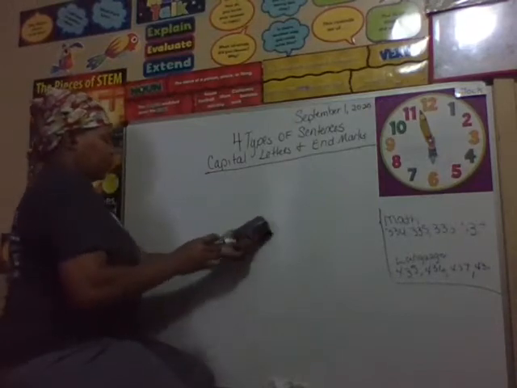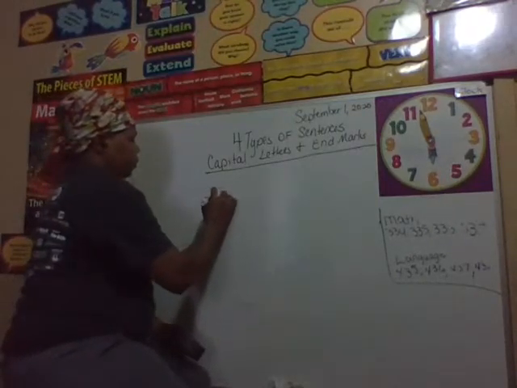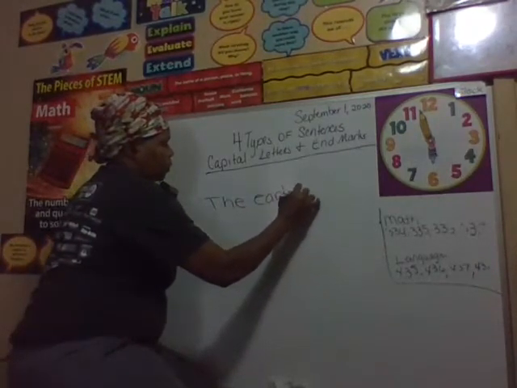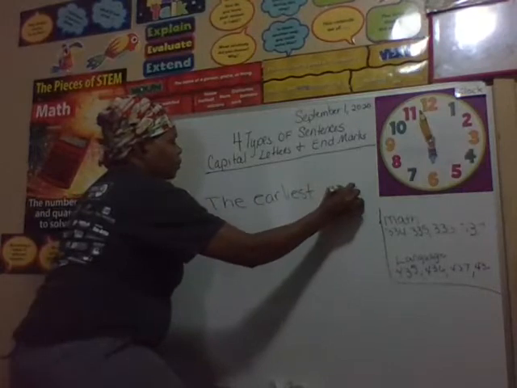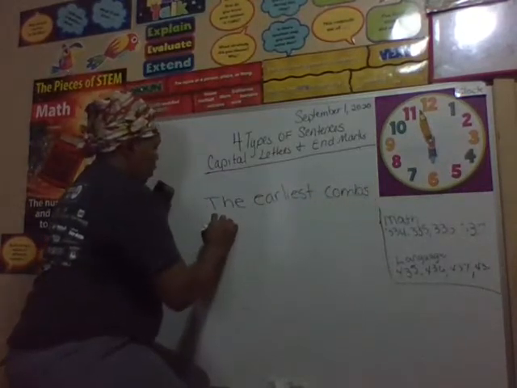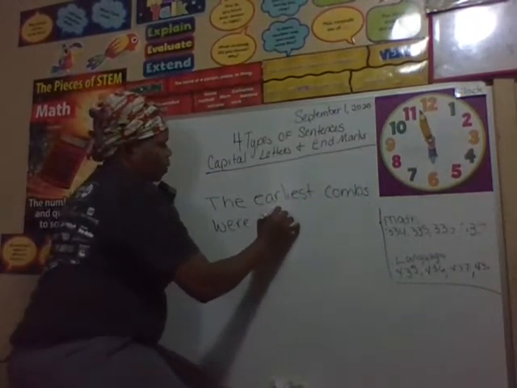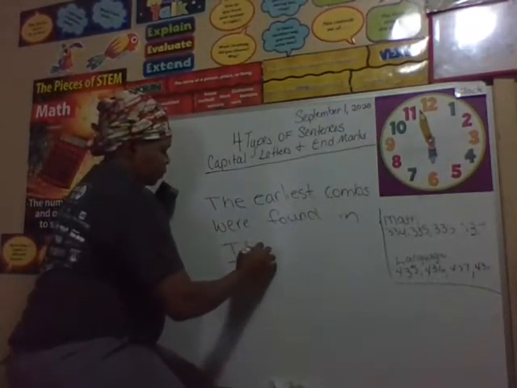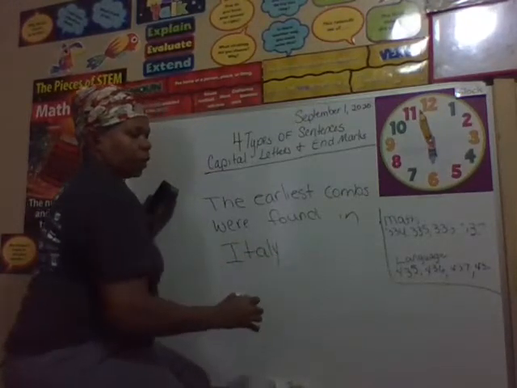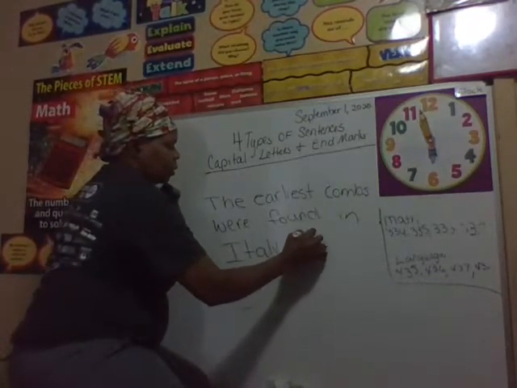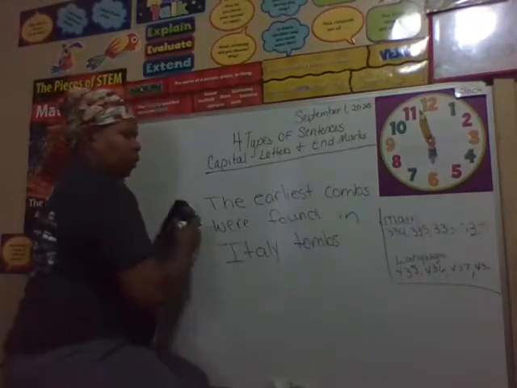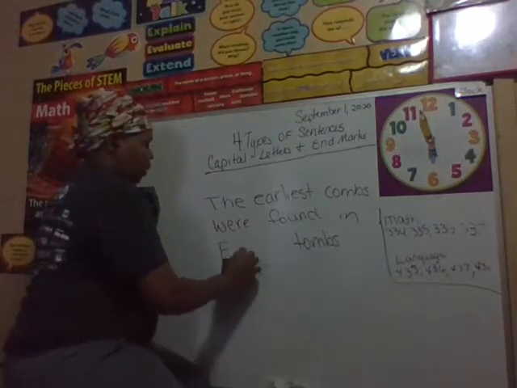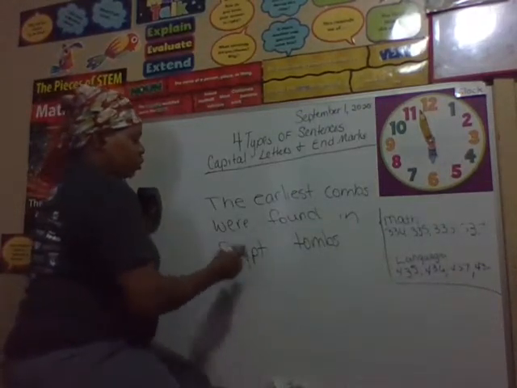What's the next one? The earliest combs were found in Italy. Italy what? Tombs? Oh, Egypt. E-G-Y-P-T.